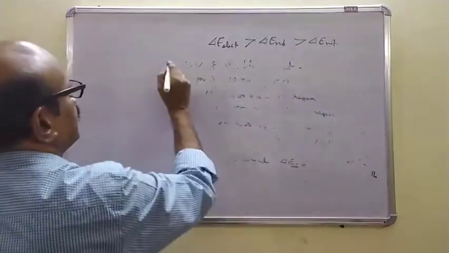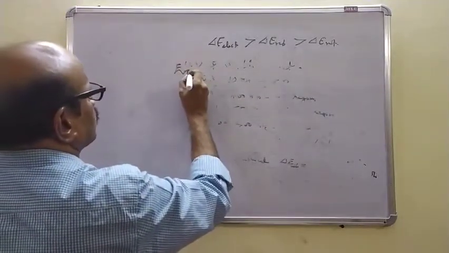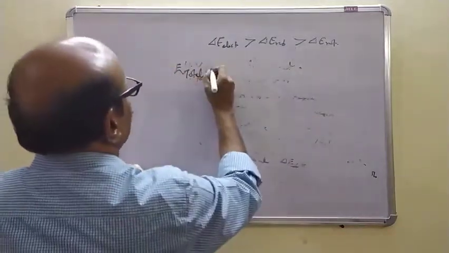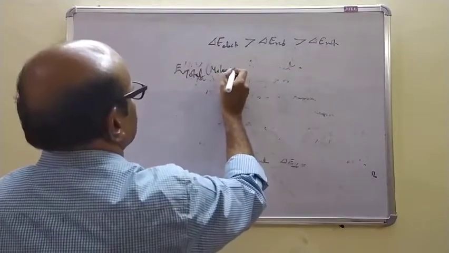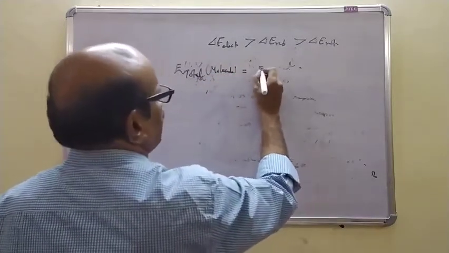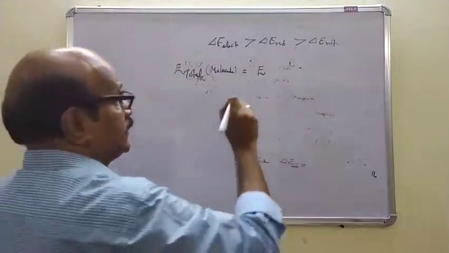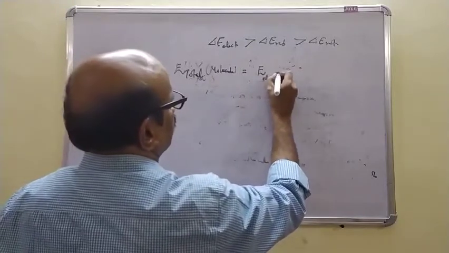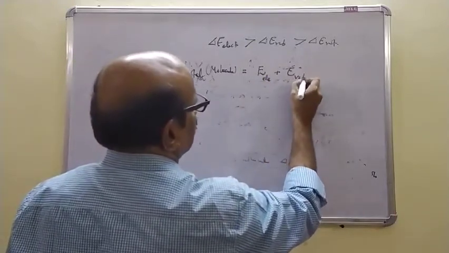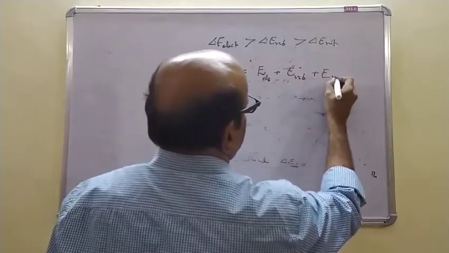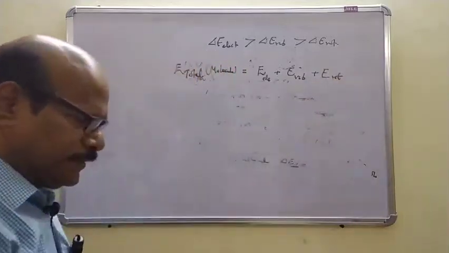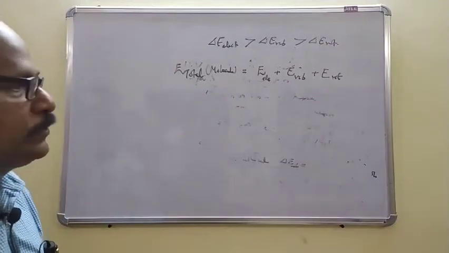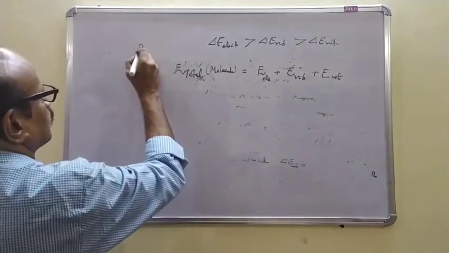That is, E total of any molecular system is equal to the sum of the three independent energies: E electronic plus E vibrational plus E rotational. This assumes that the three energy states are independent, which is the concept of the Born-Oppenheimer approximation.